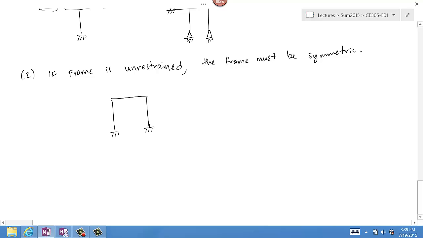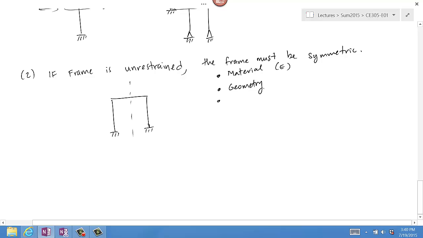And by symmetric, let me just list some bullet points here. I mean symmetric in terms of material. For example, the E, the modulus, has to be symmetric about an axis of symmetry, such as shown there. It has to be symmetric in terms of geometry.